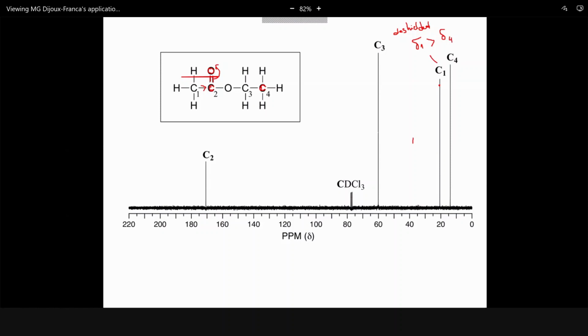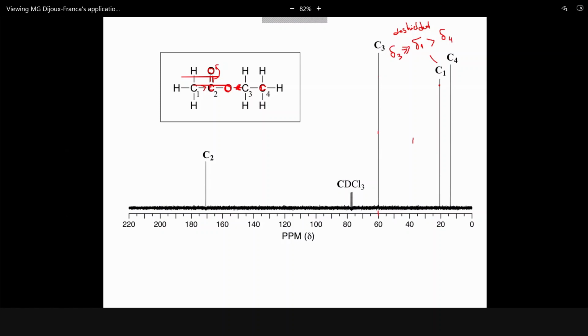And the same for carbon 3, for example, as you see, the chemical shift is around 60 ppm. It's because it's directly linked to an oxygen. An oxygen is a very strong withdrawing group because oxygen is more electronegative than the carbon. So carbon 3 will be very deshielded compared to carbon 1 and carbon 4.